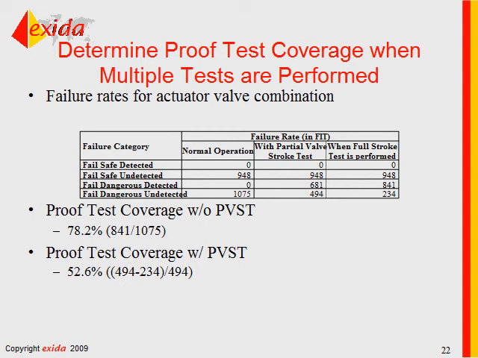And if we assume that my full stroke test is the proof test that I perform, then we can very quickly calculate the proof test coverage without the partial valve stroke testing.